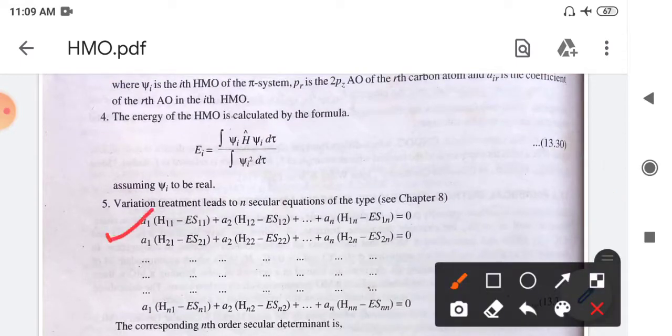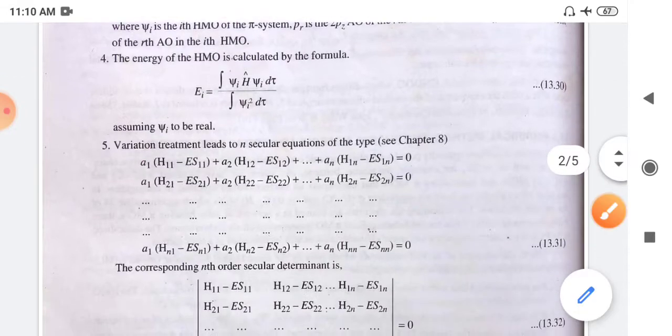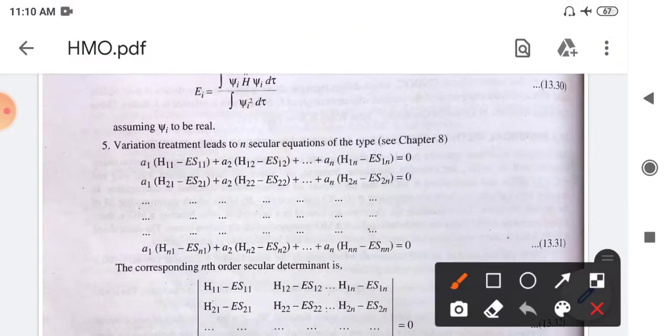This a1 into h11 minus es11 plus a2 into h12 minus es12. This is the direct equation we have taken for the derivation purpose. We are not going into the detail of how we can obtain these n secular equations for a given system.